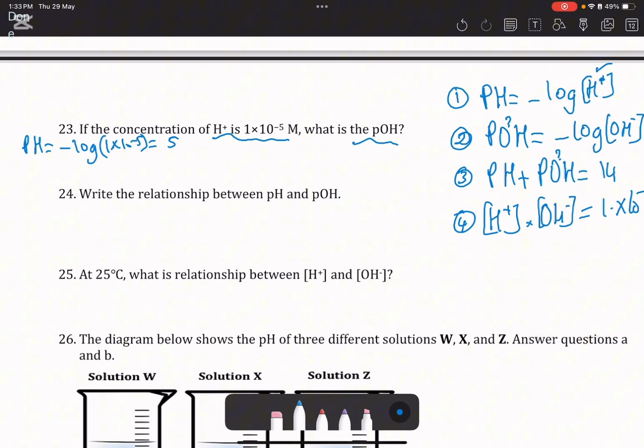And then using equation 3, 5 plus pOH equal 14, pOH equal 9. Write the relationship between pH and pOH. It is equation 3.